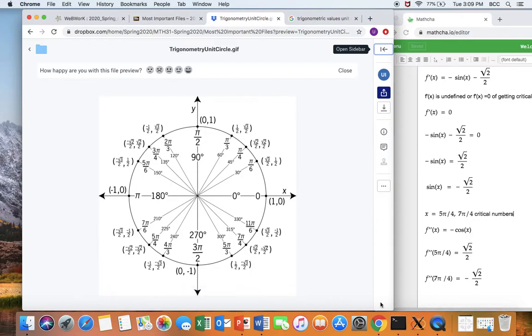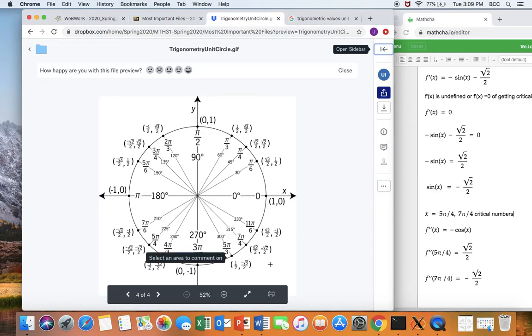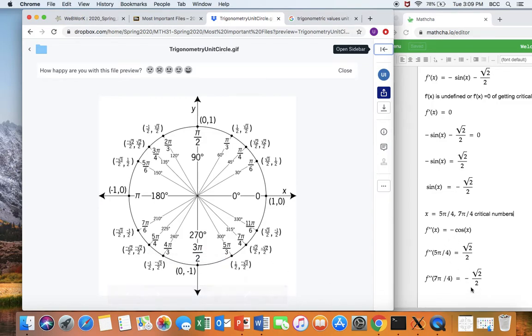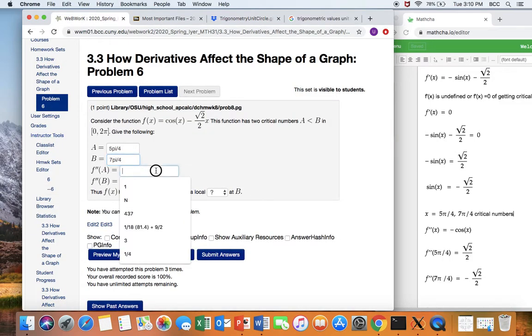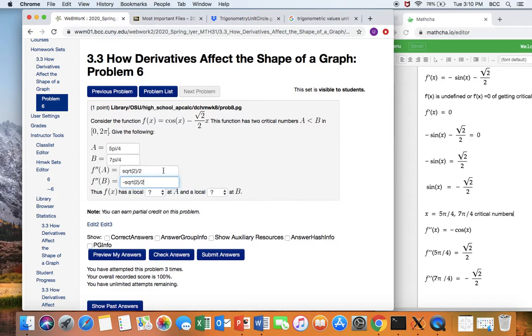Likewise, 7 pi by 4 is here. Cosine is positive, the x coordinate, and with a negative outside it becomes negative. So f double prime at the first is positive square root 2 over 2. On the other side, it's negative square root 2 over 2.